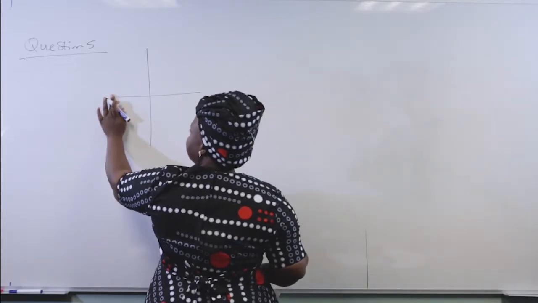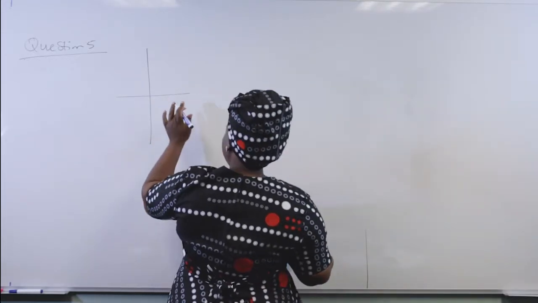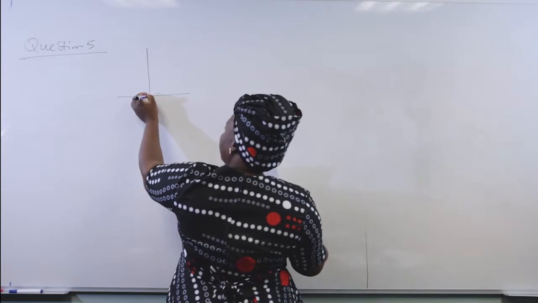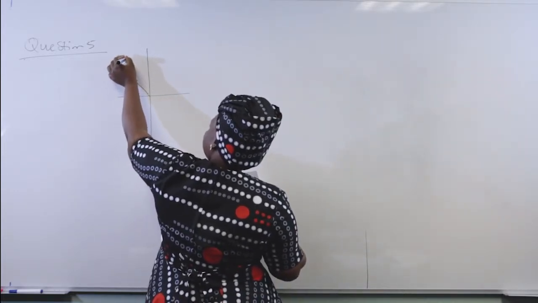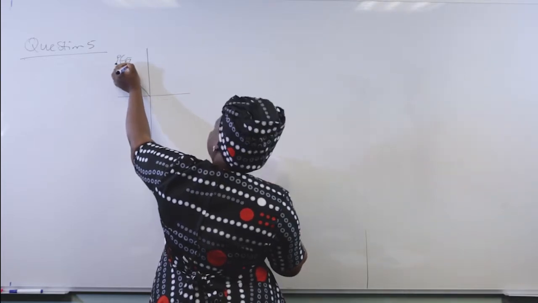So let's try to draw this diagram, and then we can start working on what they want. I'm going to draw it along the side. It is in this manner. That's where your P is, which is minus the square root of 7 and 3.